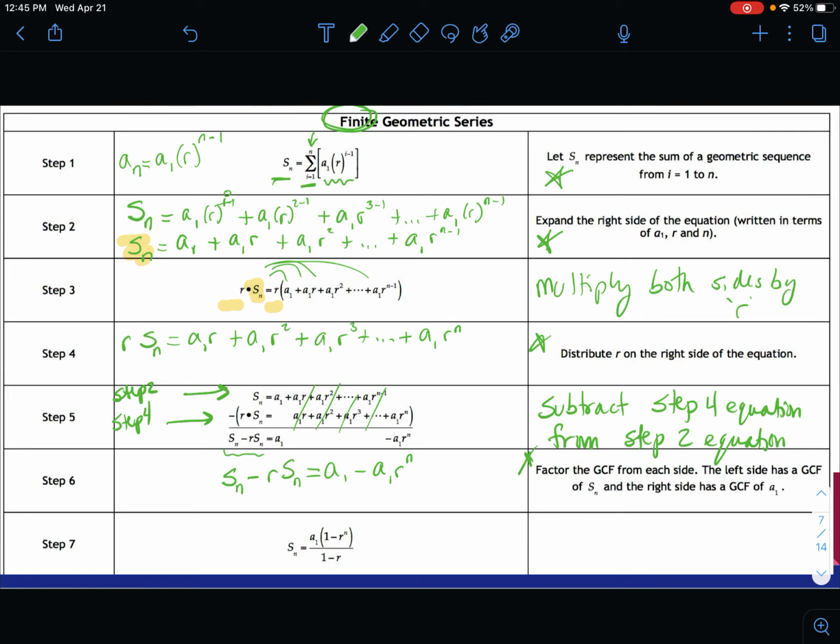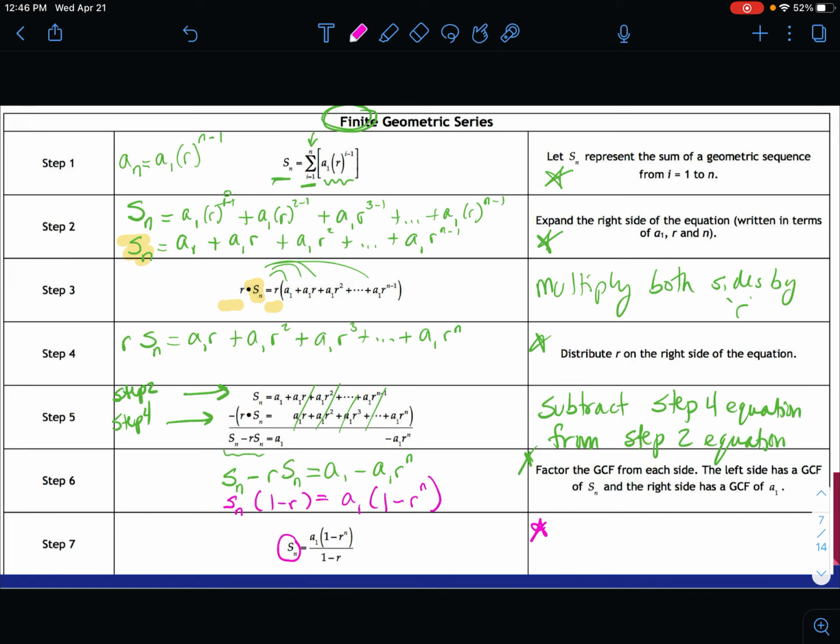The directions here say, hey, factor out the greatest common factor from each side. Okay, well, what's the same in this? The left side is s sub n. And what's left? 1 minus r. On the right side, the common factor is a sub 1. What's left? 1 minus r to the n power. How did they get s sub n alone? Well, they must have divided both sides by the quantity 1 minus r.